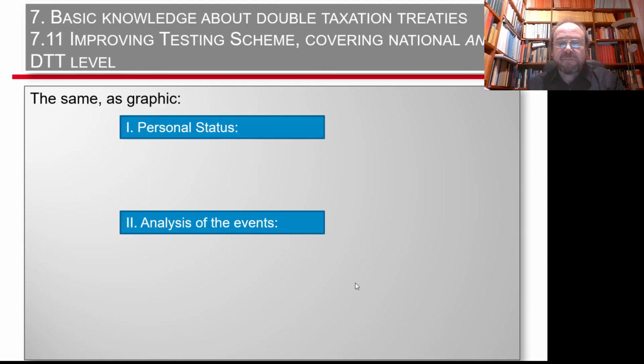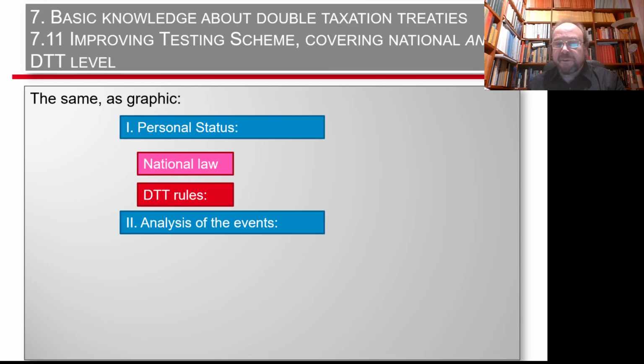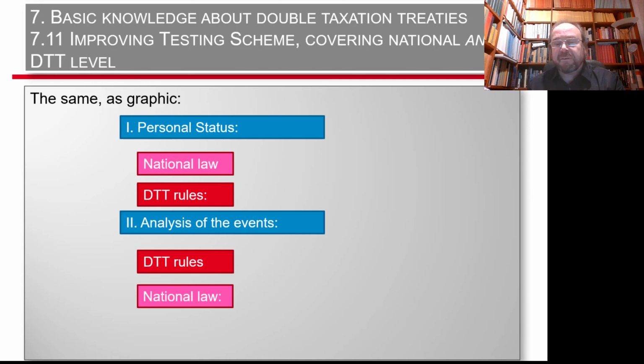Just to show you that again here as a graphic, you have under the personal status the national law first, then the DTT rules, then the order reverses when it comes to analysis of events, the DTT rules first, and then the national law. So you have a kind of structure, A, B, B, A.